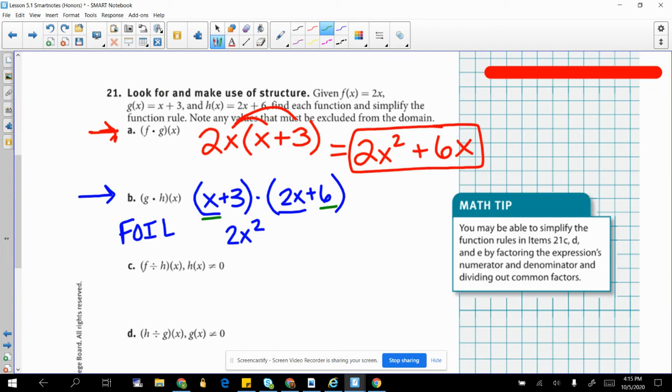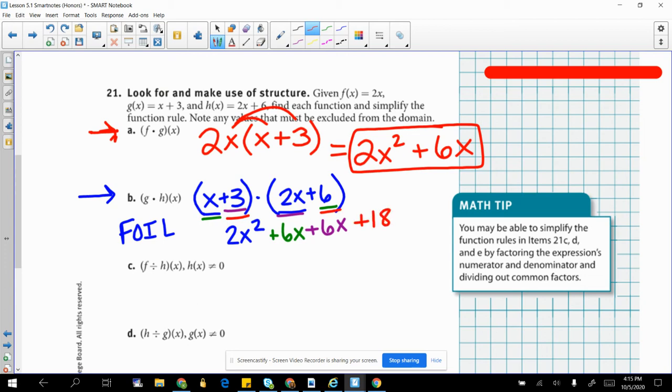X times 6 is 6x. Then you're going to take your inners. Inner, inner. 3 times 2x is 6x. Then you're going to take your lasts. 3 times 6 is 18.